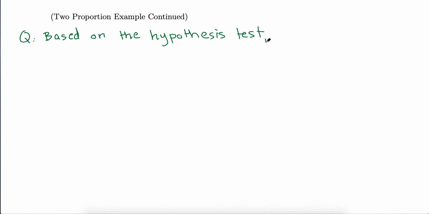So based on the hypothesis test, would a confidence interval for P1 minus P2, same setting about men and women living at home, contain 0?